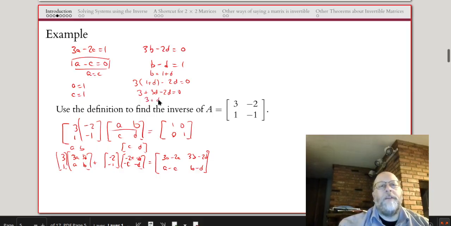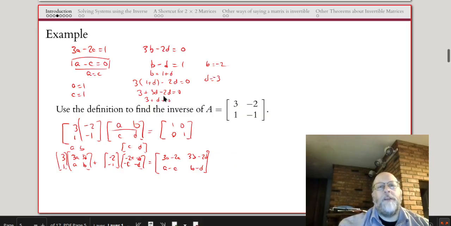So 3 plus D is equal to 0. D is -3. Sorry, 3 plus D is 0, so D is -3. And so B is -2.